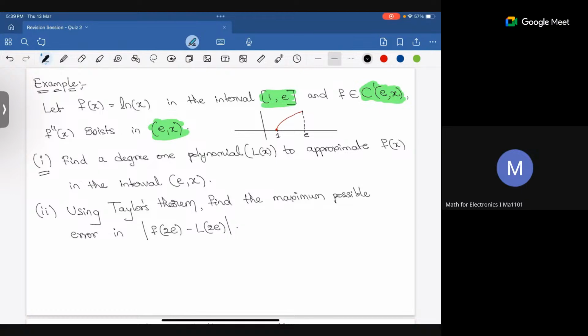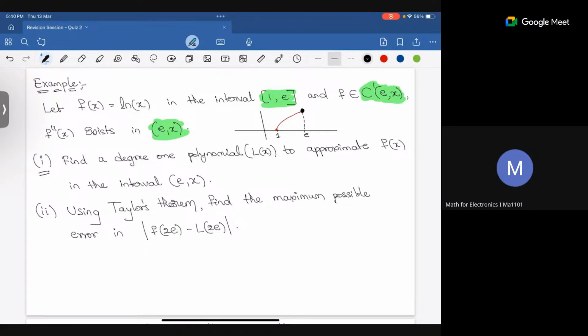Now you are here, and you are to approximate f of x. We are trying to find how our function behaves to the right of e. How will it behave? Will it go like this, like this, or like this? For that, we are going to do an approximation, considering our x naught point to be this.